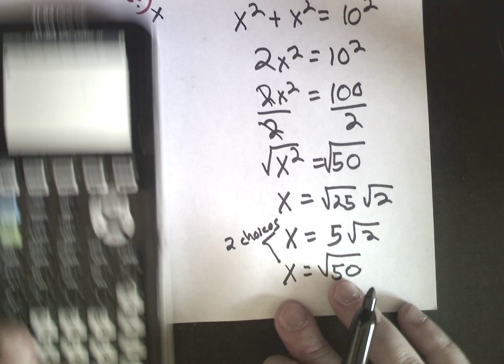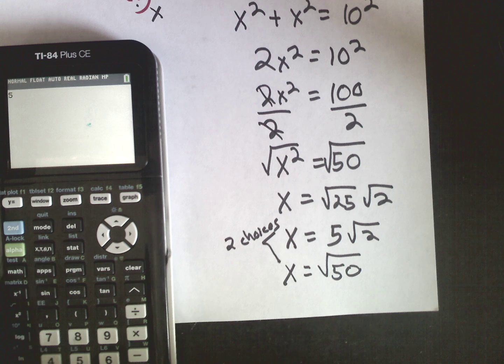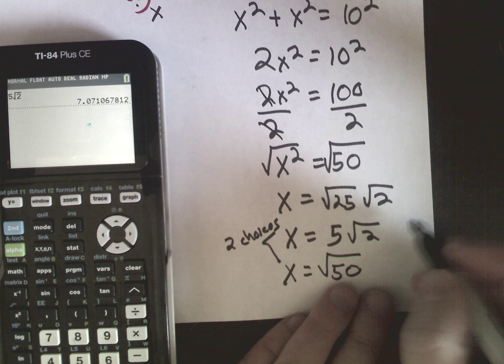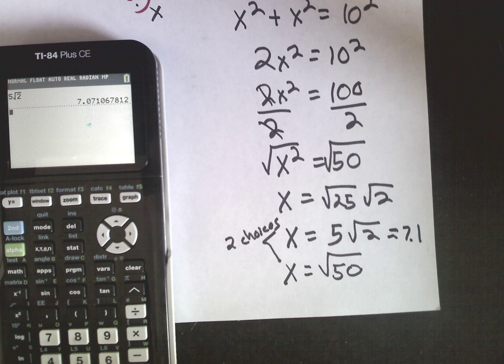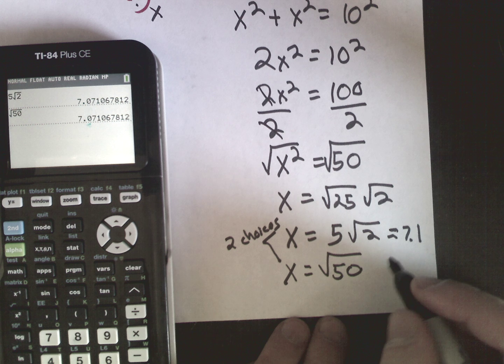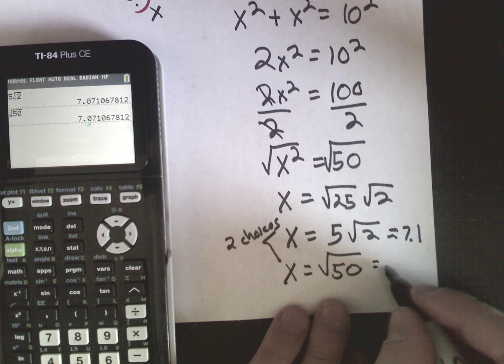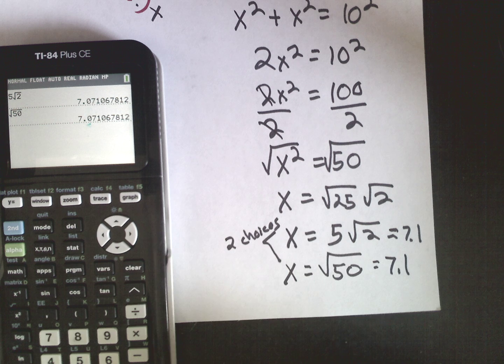So number 1, 5 square root of 2, is 7.07. Let's call it 7.1. Square root of 50. Look at that, same exact number. Approximately, we'll say rounded to 7.1.